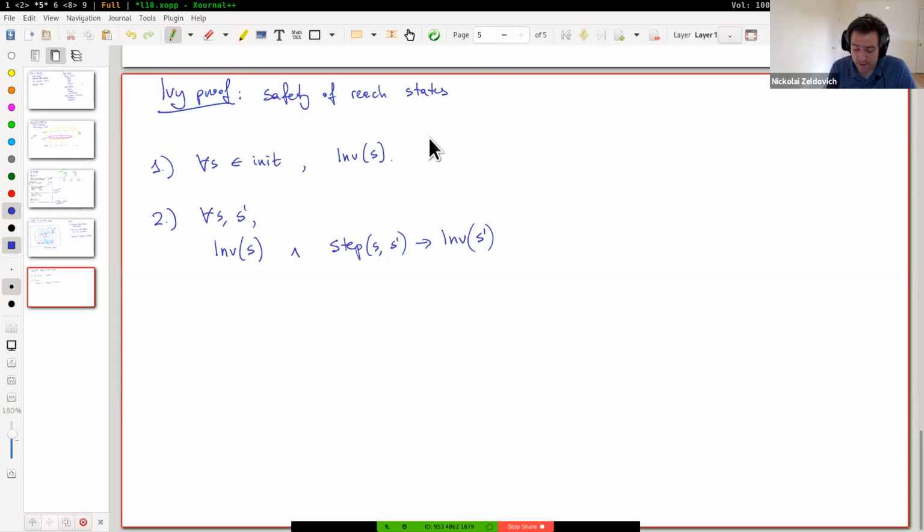So the first requirement says you started out in this inductive invariant bubble. And the second statement says that this guy is actually inductive. You pick any state in the bubble and then you step and you stay in the bubble. And the way to think of this is that this invariant is really an over-approximation of the reachable states.